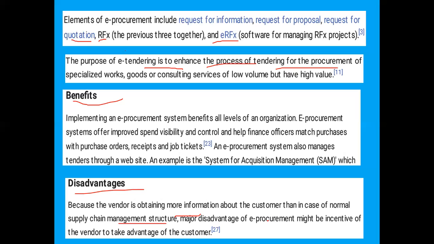Once you go for a quotation, definitely if you are a vendor, you will get more information about the customer. In tender cases, you will get more information than in normal supply chain management structure. The major disadvantage of e-procurement might be the incentive of the vendor to take advantage of the customer, right?